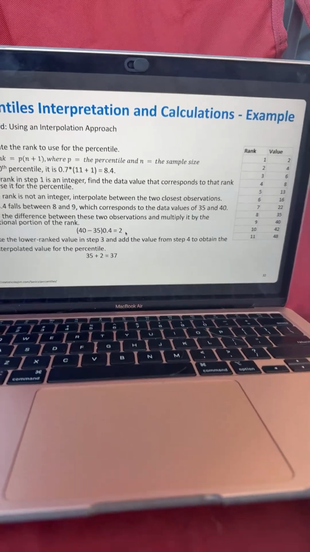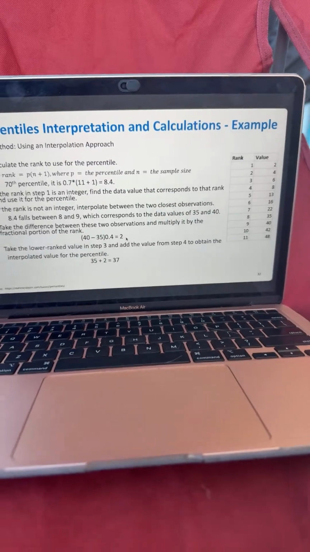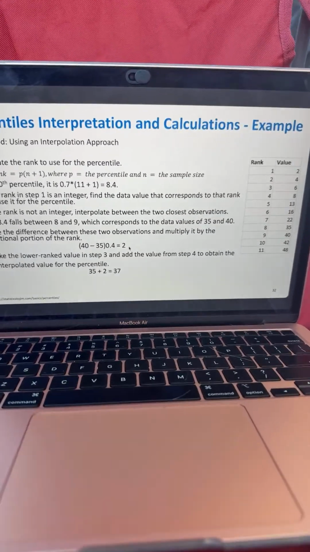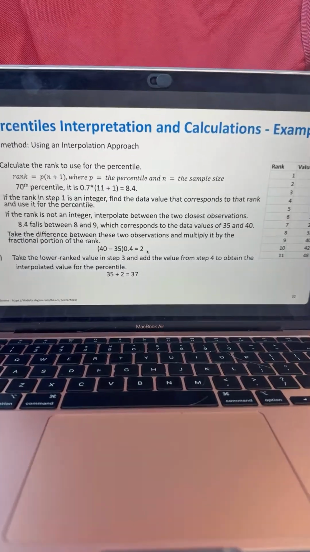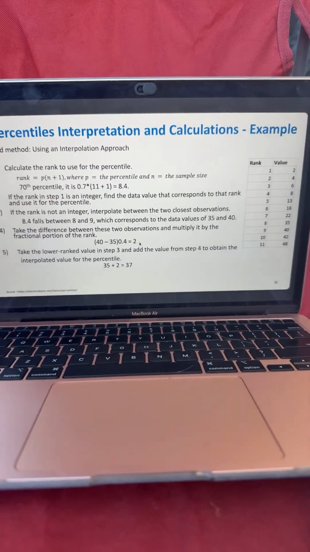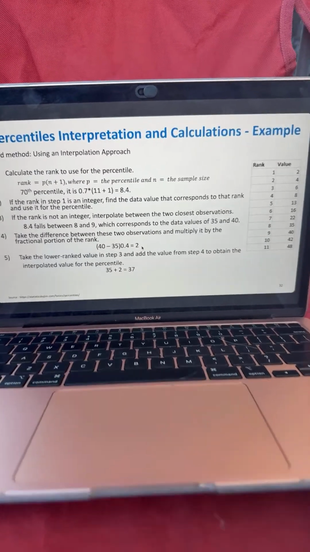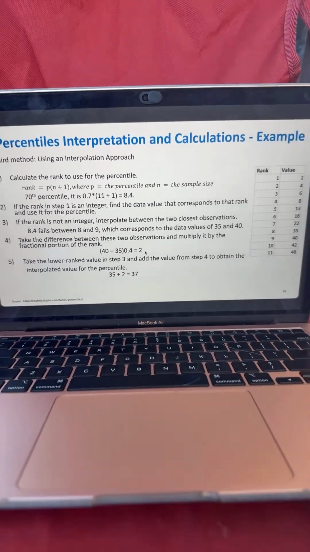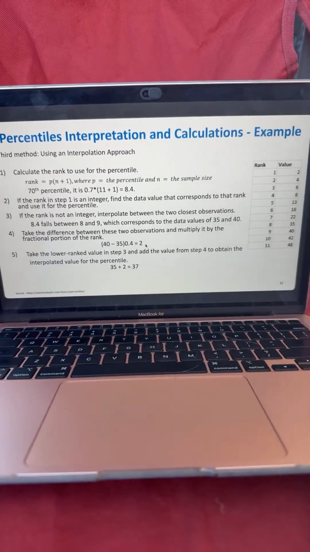So you take the lower ranked value in step 3 and add the value from step 4 to obtain the interpolated value for the percentile. Take the lower ranked value in step 3, 35, and add the value from step 4, which is 2, so you get 37 as the interpolated value. That's 37.